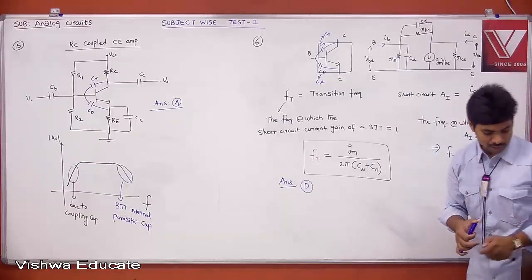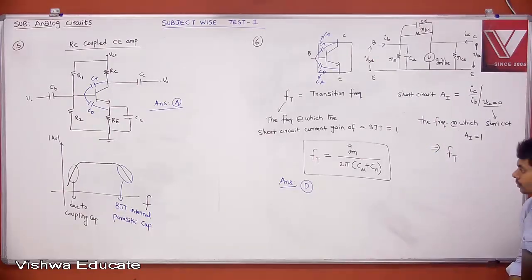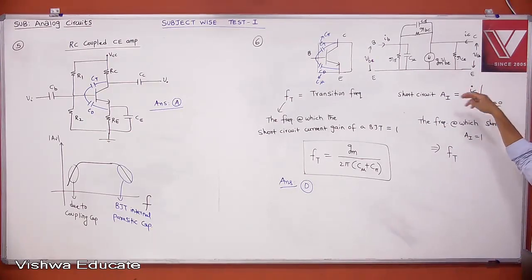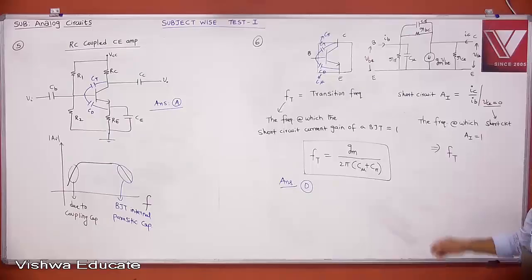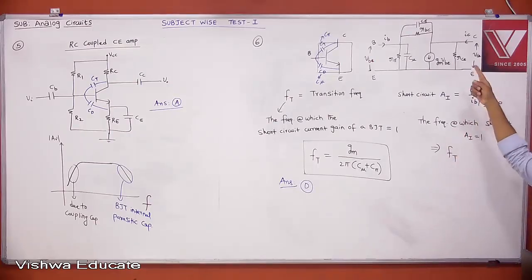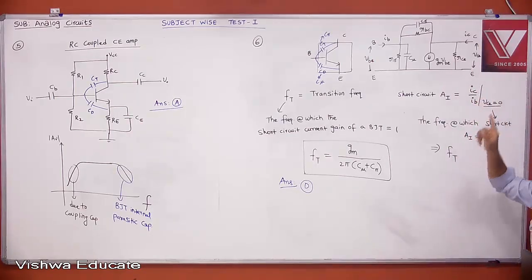FT is nothing but the frequency at which the short circuit current gain is unity. What is short circuit current gain? When VCE is equal to 0, output current divided by input current. You try to find the transfer function using nodal analysis or whatever it may be. Then you'll get it in terms of S, because there is a capacitor, C pi, then C mu, with 1 by SC terms.